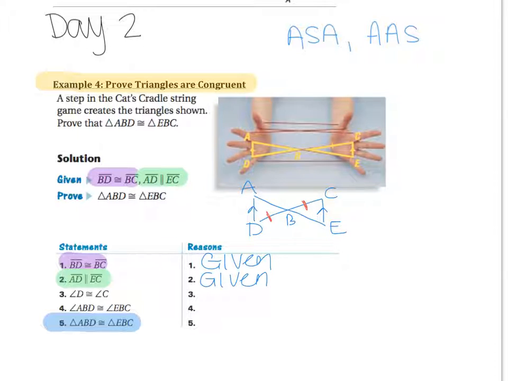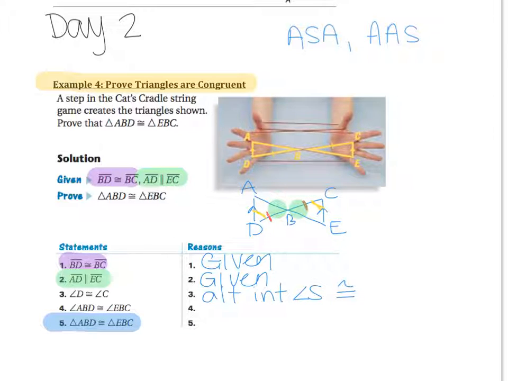Okay, so now with the parallel lines, you have to remember that parallel lines cut by a transversal give alternate interior angles. So if I go from parallel lines, it's going to be one of your parallel line angle relationships, and this one is angle ABD, that's this angle right here, congruent to EBC.